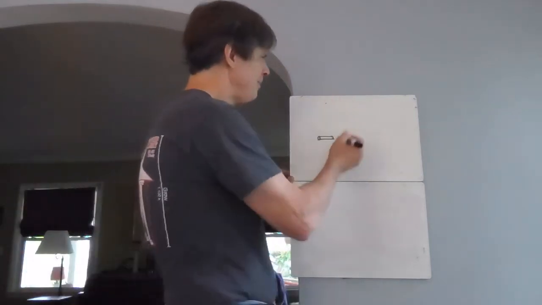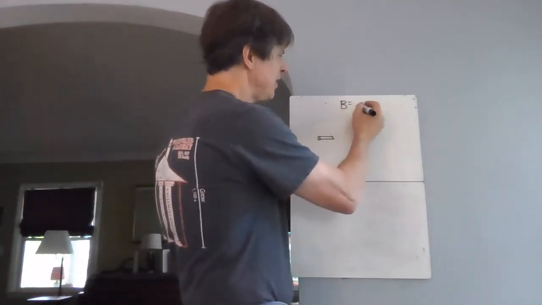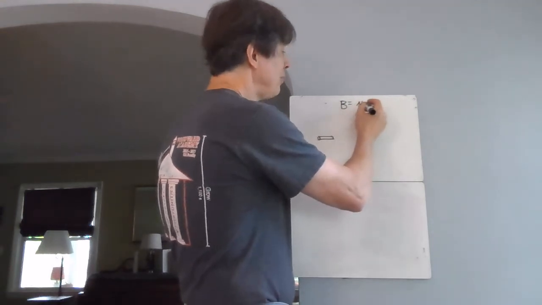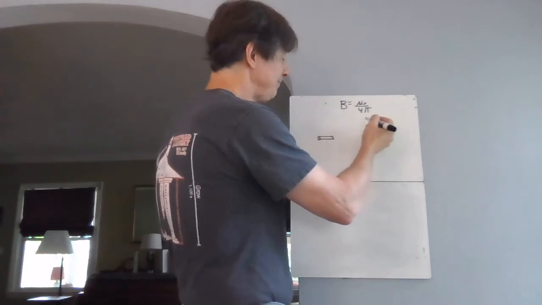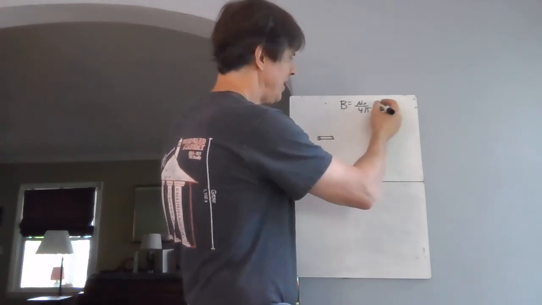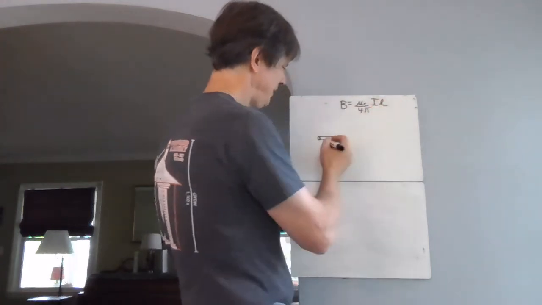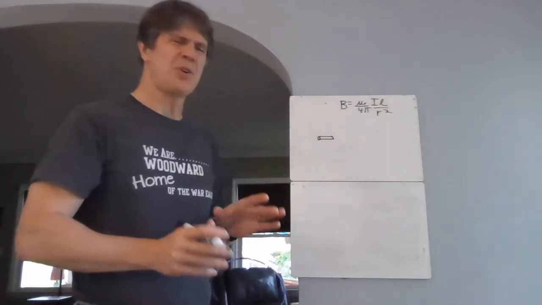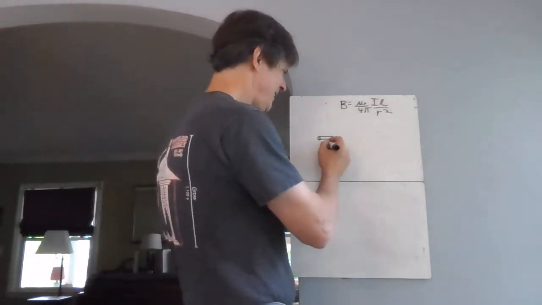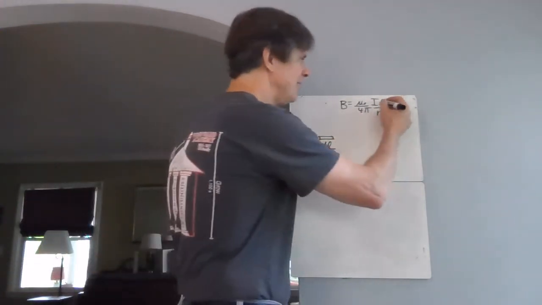So from out here, yeah, the magnetic field is going to be mu naught over 4 pi. Let's see, that's the constant. And then we got, I'm not going to say Q V, I'm going to say IL over R squared. But you know what, this is pretty short. Since it's so short, I think I'm going to call it DL for the length.